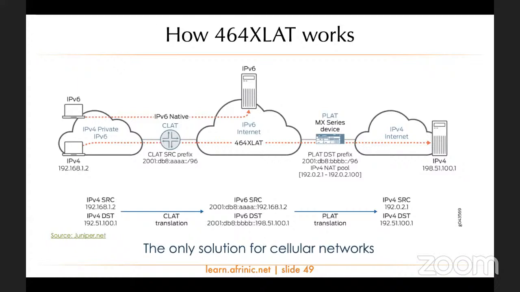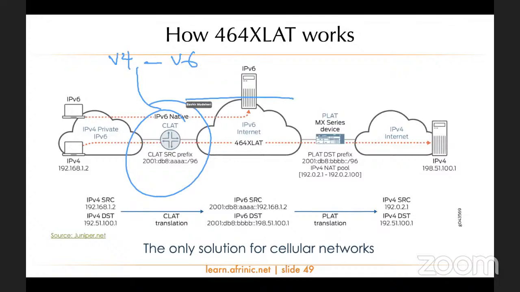So what 464 XLAT does is to introduce a client-side translator, which does stateless translation first. It will translate from v4 to v6. Then the packet can traverse through the IPv6 only access.